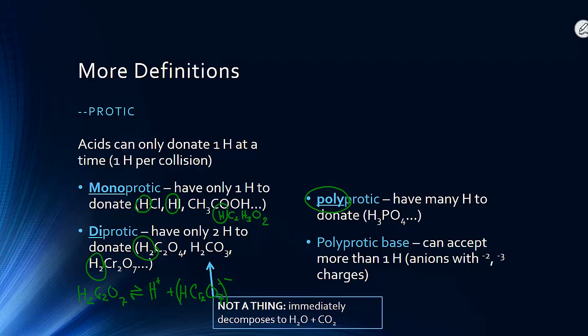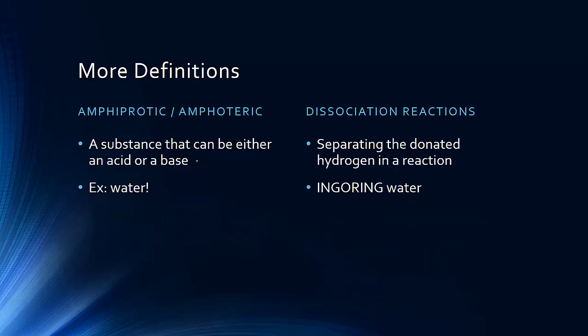All right, same with bases. We will focus on either mono or diprotic bases, things with up to 2 hydroxides that we could donate, but we're not going to go much further than that. Now, if something can accept a hydrogen or donate it, it's known as being amphoteric.